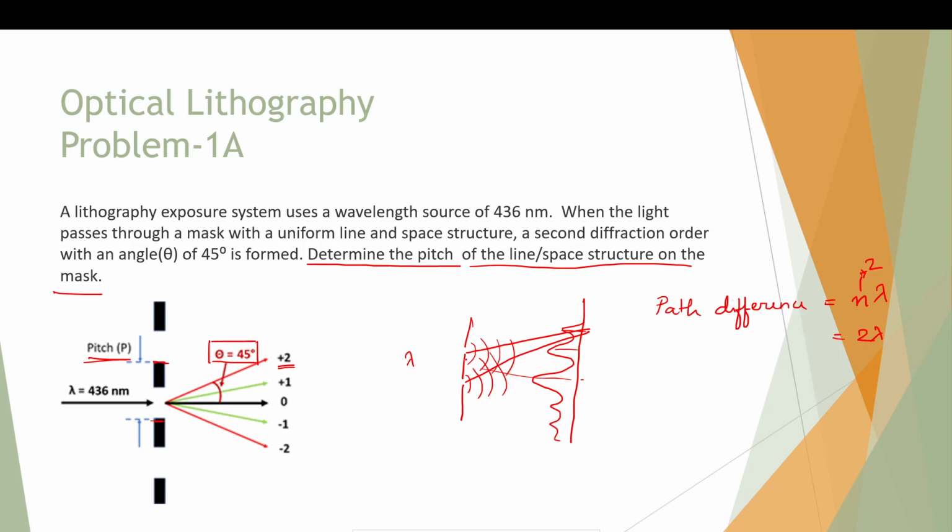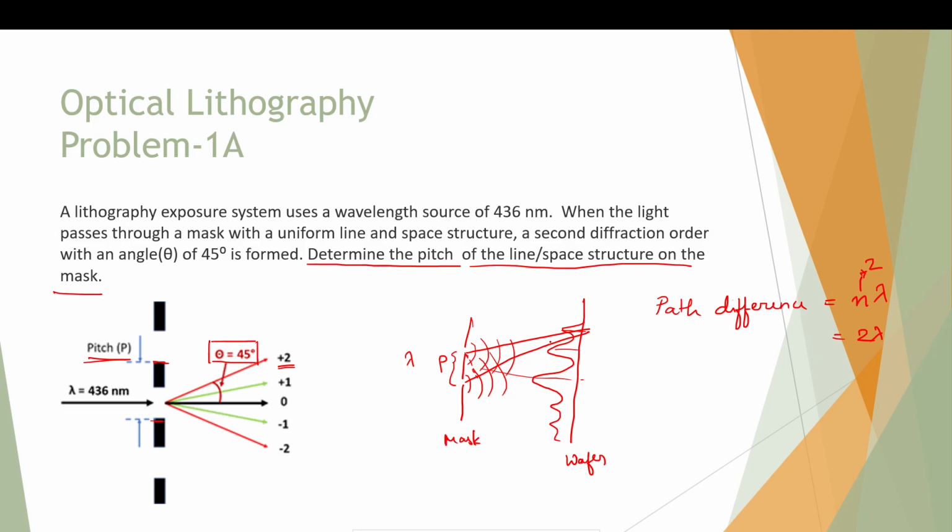Now this is what the path difference is supposed to be, that is 2 lambda. But geometrically, what is the path difference? This distance is pitch P. Assuming that the wafer is quite far, this is the mask, this is the wafer.